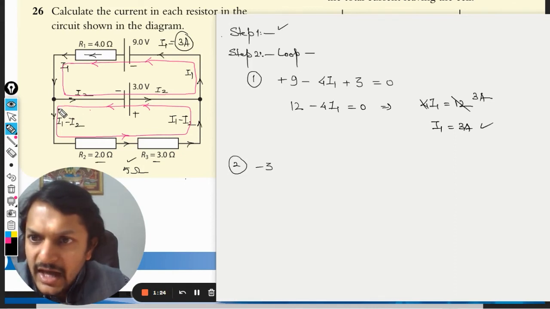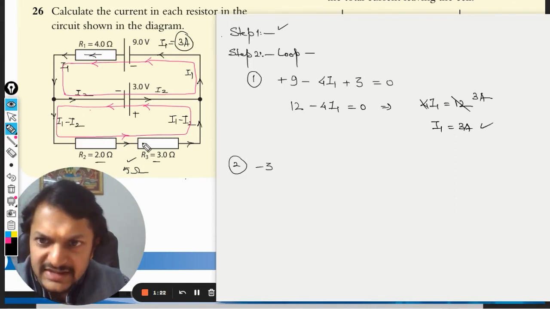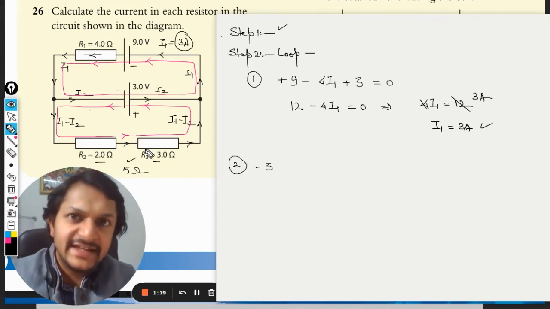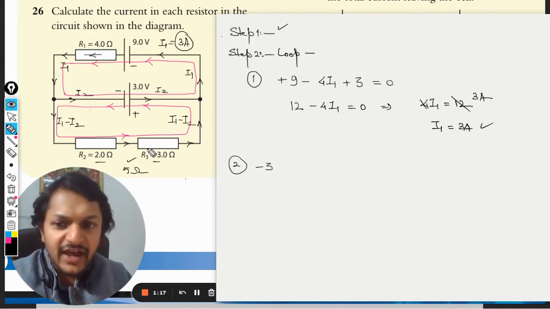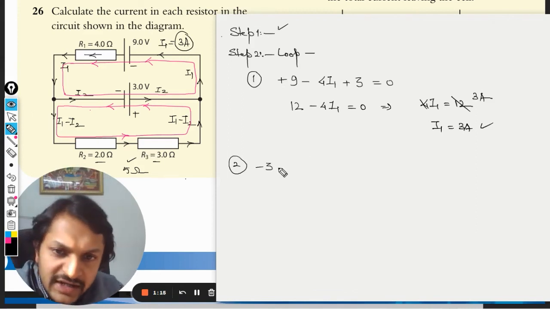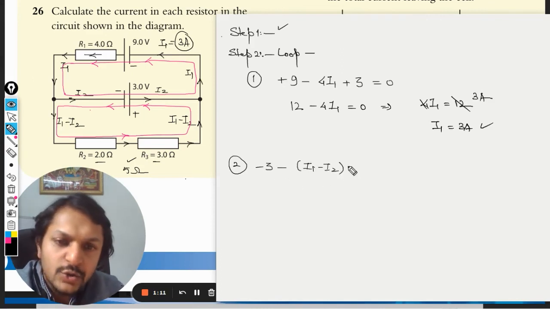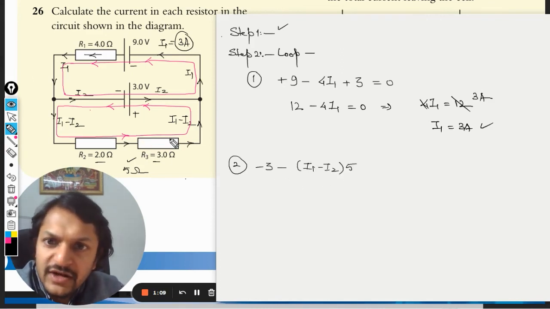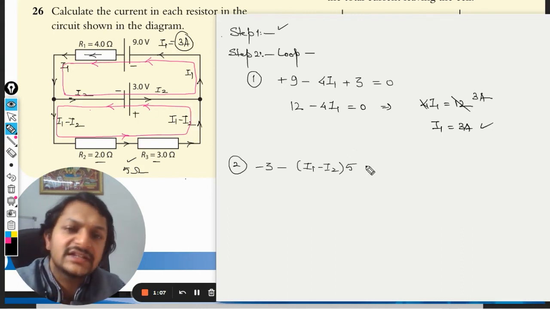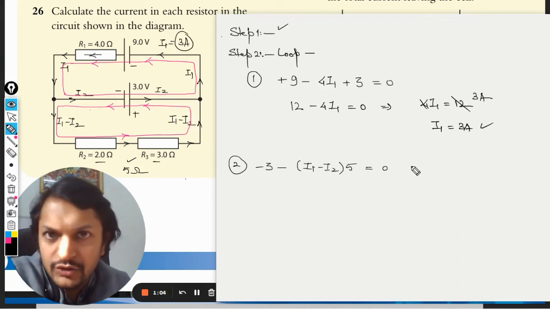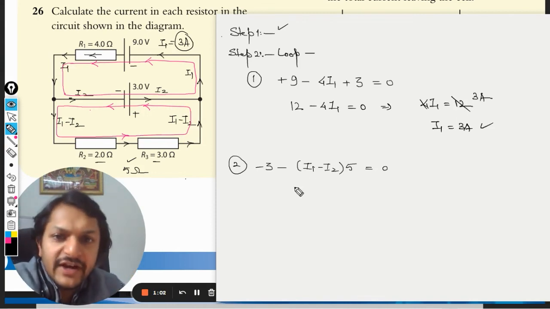So minus 3, and now the loop moves up to this resistance. Both of these resistors are in series, so we can treat it as 5 ohm. And the direction of the loop and the current is the same. So (I1 minus I2) into 5, and then the loop reaches the same point and we can equate it to 0. From this equation we will find the value of I2.